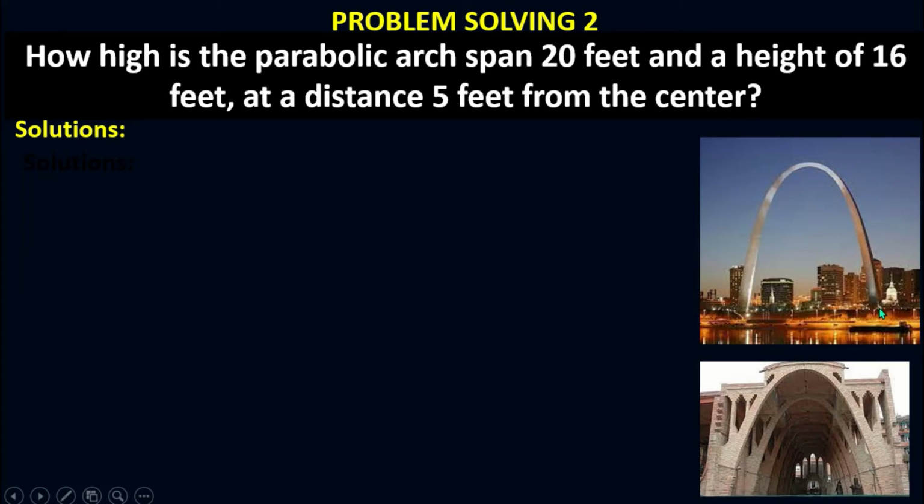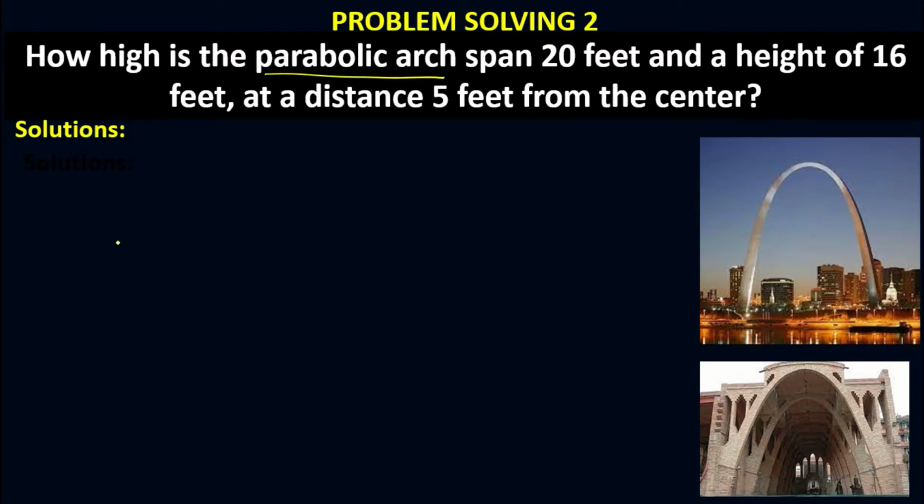Minsan may nakikita kayo sa mga gate na ang entrance niya is pa ganyan. So, downward lagi yung ating arc. Wala tayong makikita na arc na upward, na meron tayong entrance tas upward yung ating parabolic arc. So, we all know that the parabolic arc that we are referring to is downward.